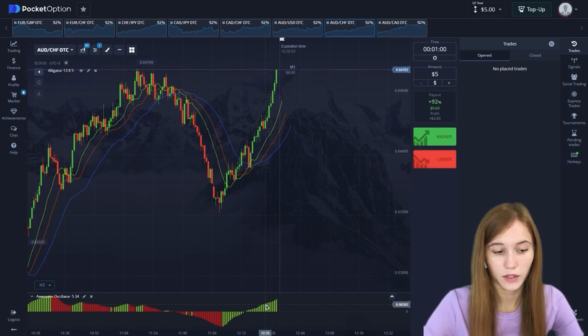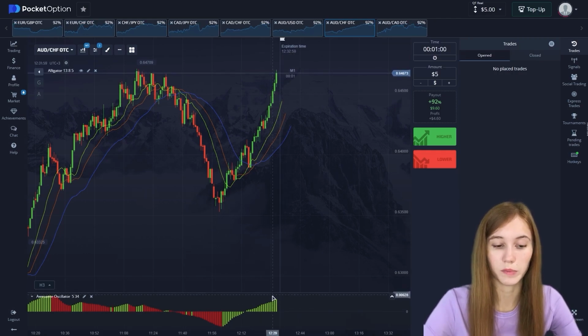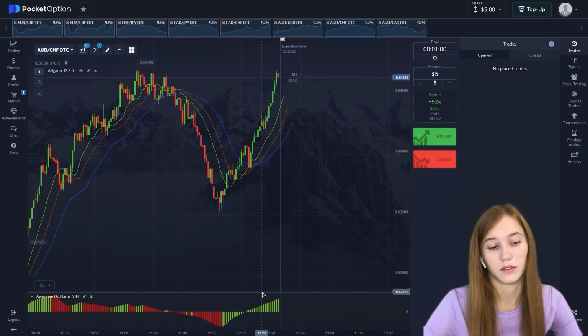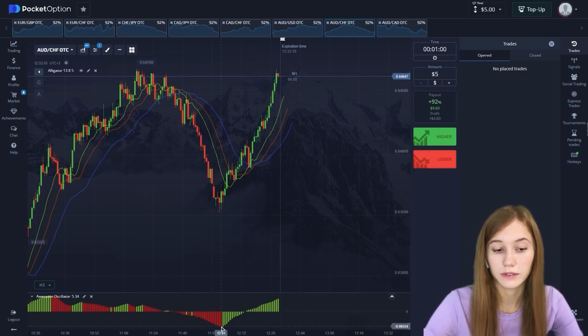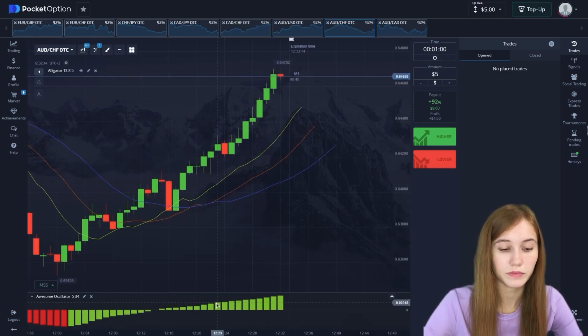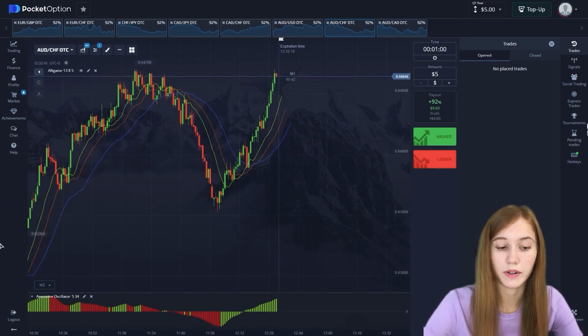Thanks to this indicator, you can determine whether the market is bullish or bearish. This is achieved by comparing recent market momentum to overall momentum in a wider frame of reference. In simple words, a green bar is an uptrend, a red bar is a downtrend. You also need to look at the spread between bars. It's very visible here.